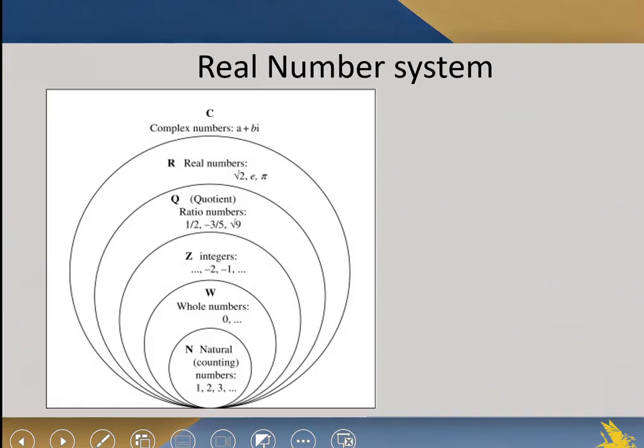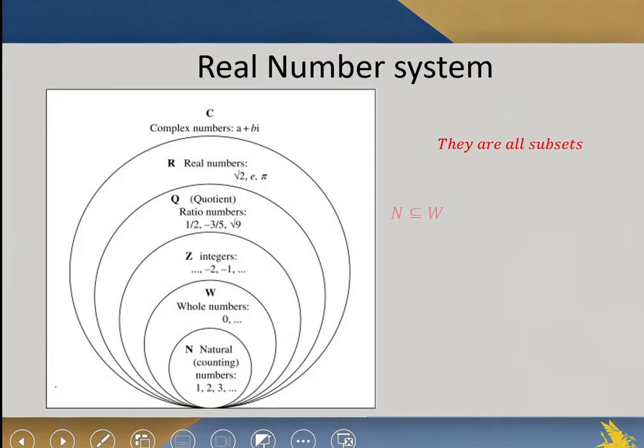So just remember with our real number system, we've got complex numbers, real numbers, quotients, so talking about fractions, integers, whole numbers, and natural counting numbers. And we've got a letter associated with each. But we also know that they are subsets. So natural numbers, which is just counting, are also part of whole numbers.